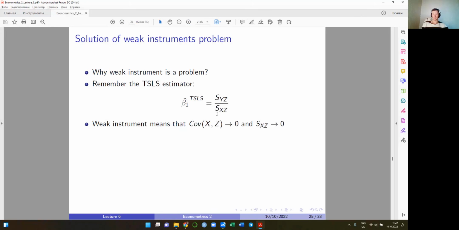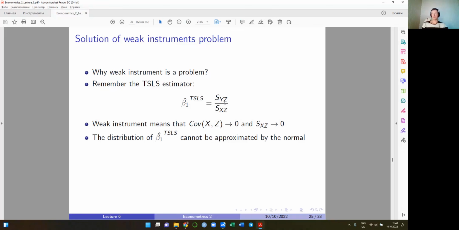And when this goes to 0, you see what happens with beta hat. Beta hat inflates. And of course, the distribution starts to be far from normal because, since some variable goes to infinity, definitely a normal distribution cannot model something that goes to infinity.